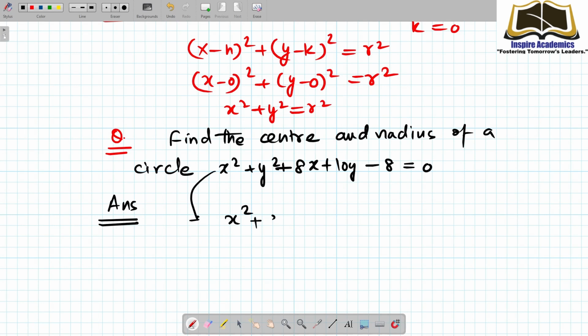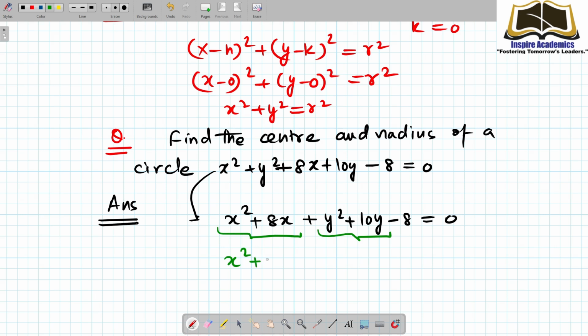We write x square plus 8x, and then we write plus y square plus 10y minus 8 equal to 0. Let's try completing the square. So what shall we have? x square plus 2 into 4 into x plus 4 square minus 4 square plus y square plus 2 into 5y plus 5 square minus 5 square minus 8 equal to 0.